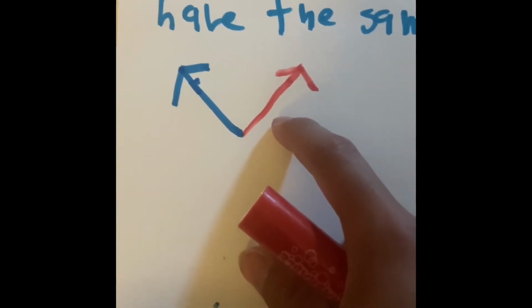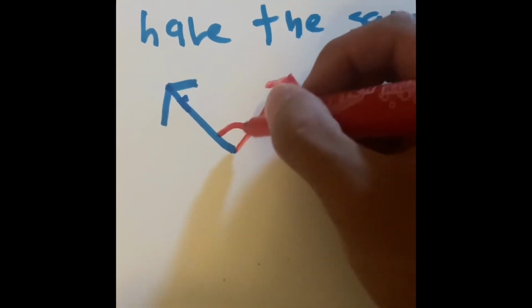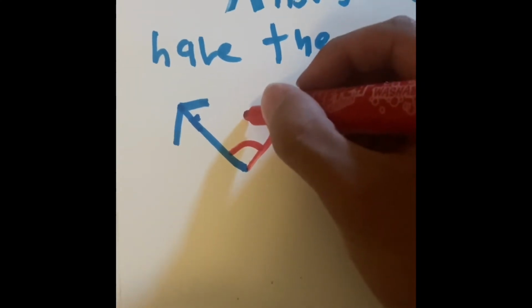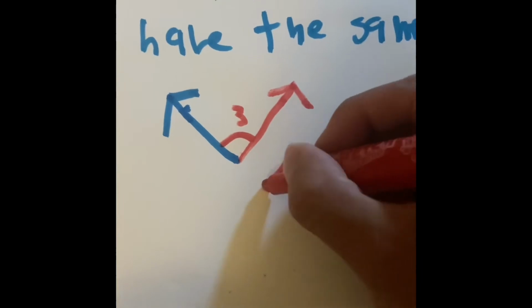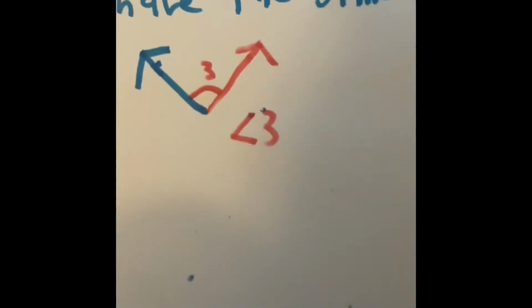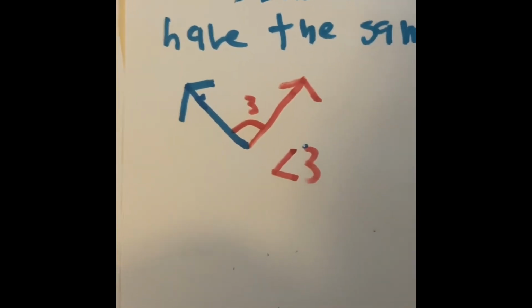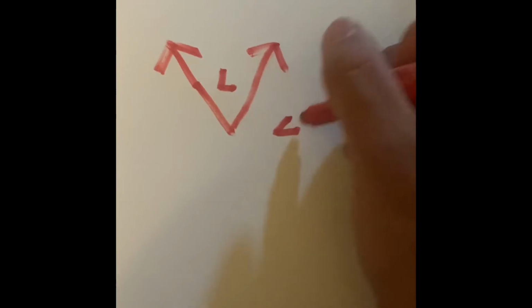There are many ways to name an angle. We can make this angle right here, and put a little 3 here. We can say angle 3. When you see that symbol in front of the number 3, it means an angle. Another scenario could be where instead of a number, you have a letter, like angle L.